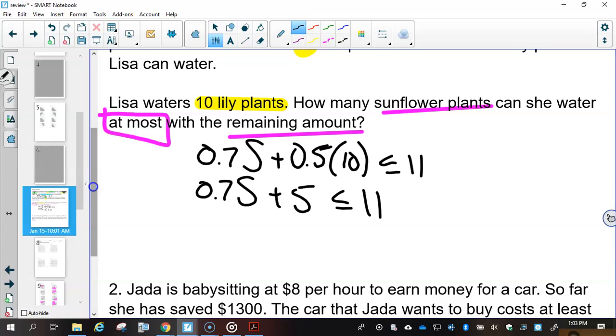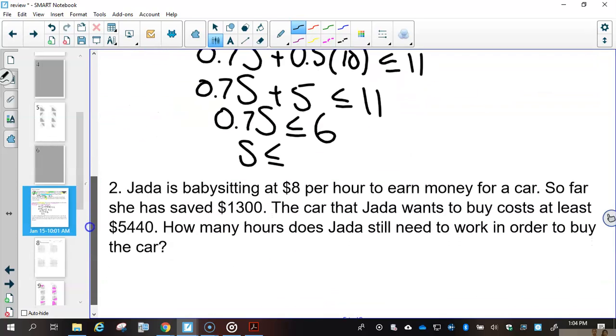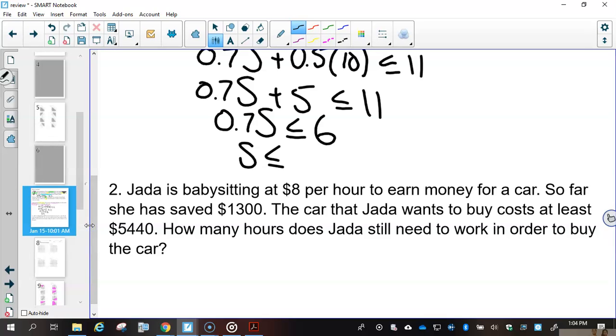How would we solve for S? Wait, actually, no. Try. Subtract and divide. What is 6 divided by 0.7? 8.57.